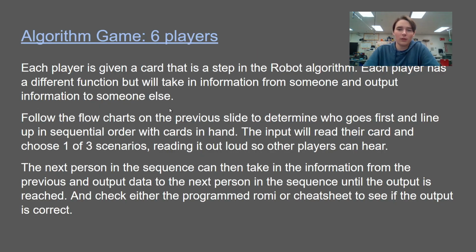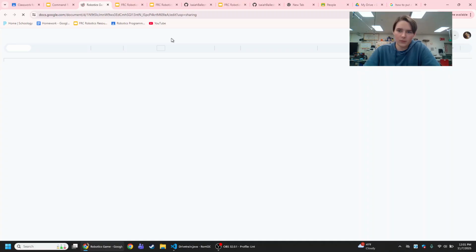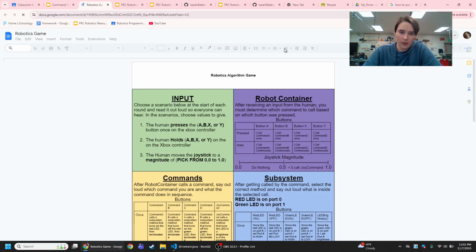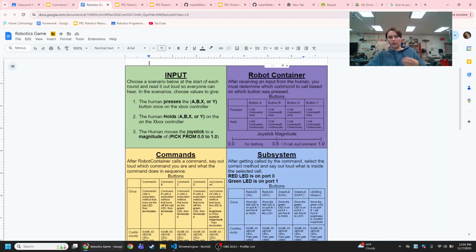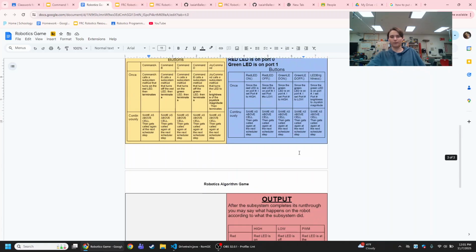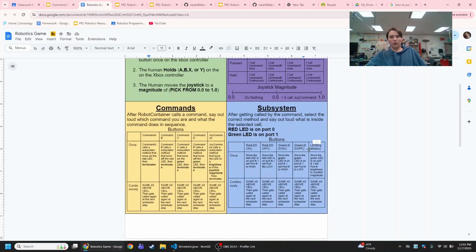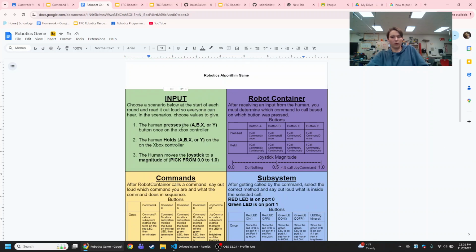So now we're going to, I don't know if we're actually going to do this, but there's a game I made where I'm going to print out a sheet, and each person's going to get one of these things, and you basically become either the command, the robot container, the input, the output, or the subsystem. Maybe the input person gives a number.